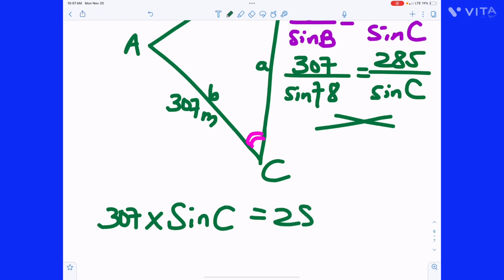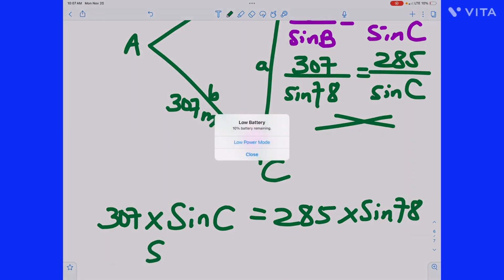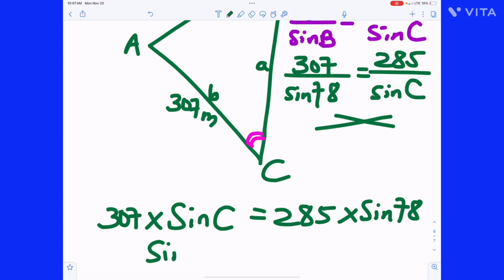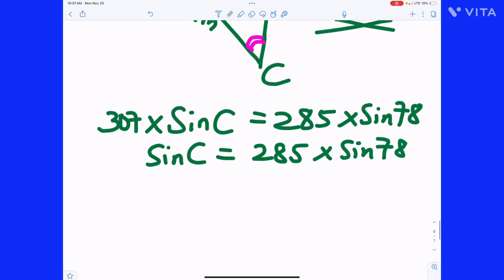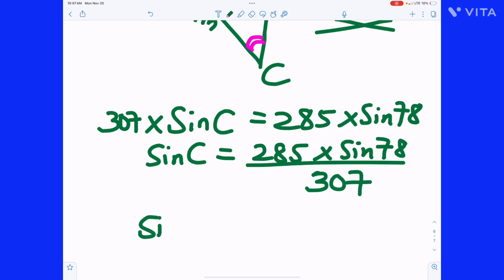That will give us sine C is 285 times sine 78 all over 307. So that tells me sine C is what?